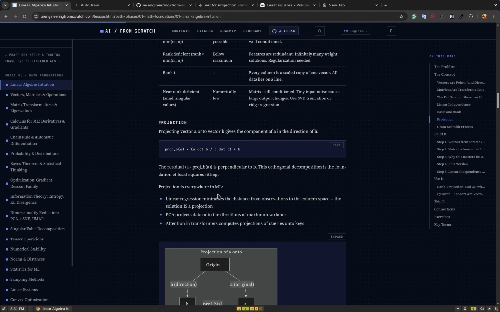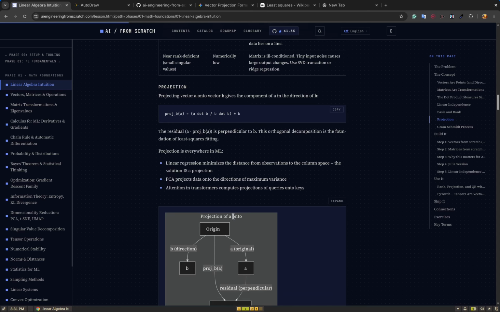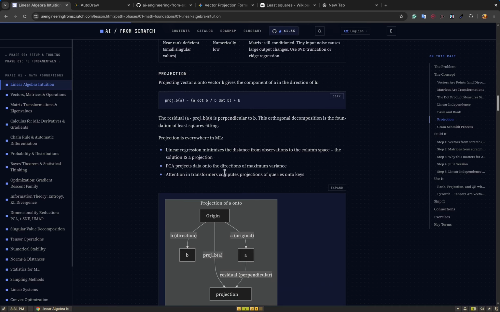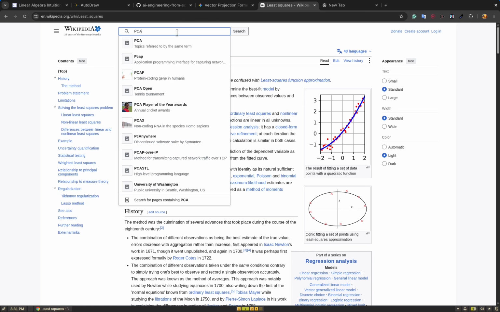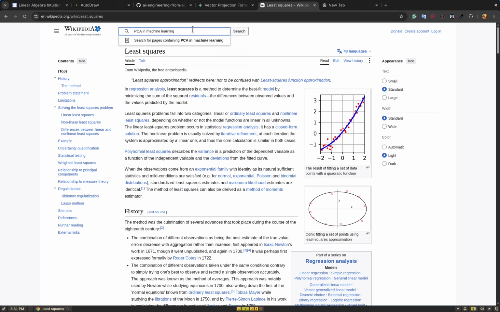Okay. Projection: every linear regression minimizes the distance from the observation to the column space. The solution is a projection. PCA projects data on the direction of maximum variance. I don't understand, but PCA, what is PCA? They just throw around terms and expect me to understand in machine learning.